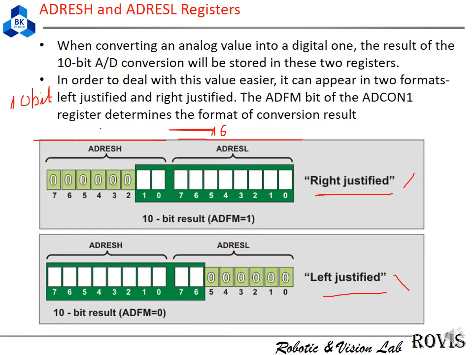If we choose the right justify mode, the result will be stored in this format. We choose this by the ADFM bit of ADCON. If ADFM is 0, the result will be stored in this format.